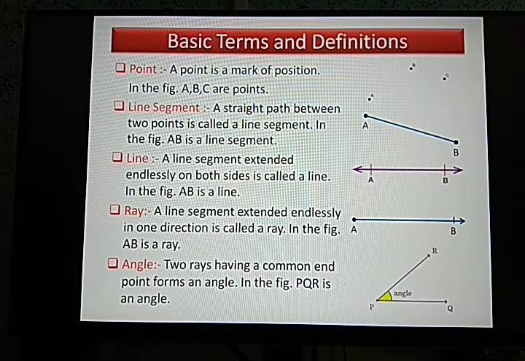The 2 rays also have a particular name. They are called the arms of the angle. The area that is formed in between these 2 arms is called the angle. If we measure it, we'll get the value of that angle. Clear? Now moving on.